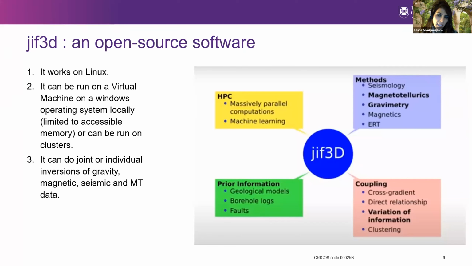If you're looking at deposit-scale GravMag joint inversion, it would be really easy to run on a virtual machine on Windows, no problem. You can use it for seismic, magnetotelluric, gravity, magnetics, and electrical resistivity tomography, which is a fancy word for DC resistivity, basically.